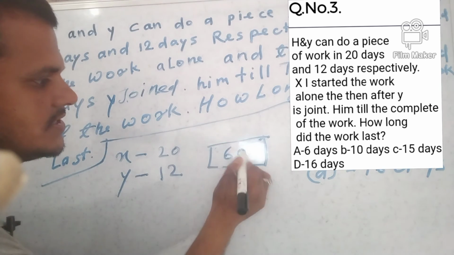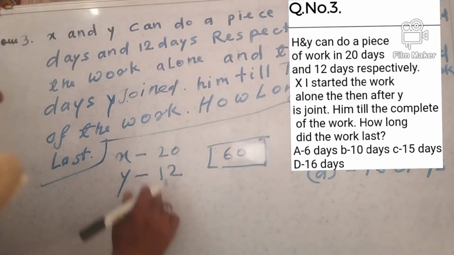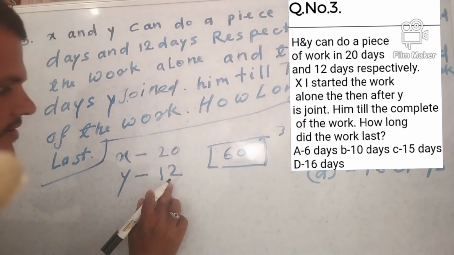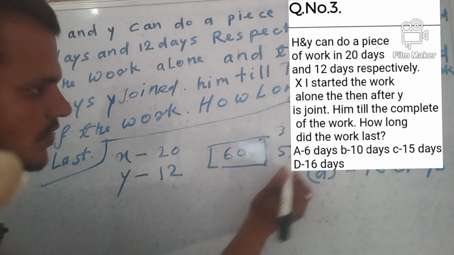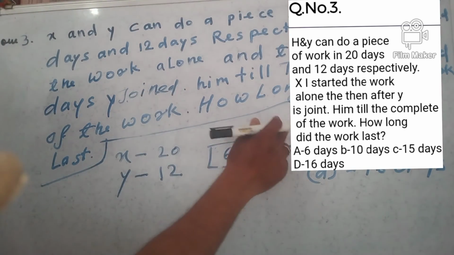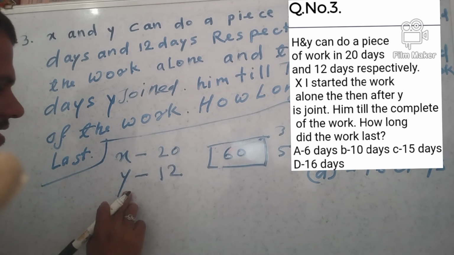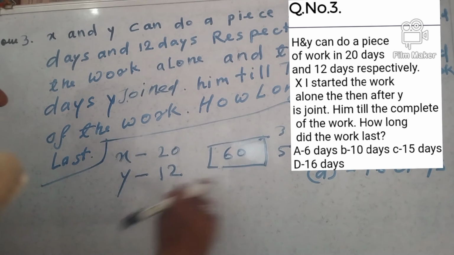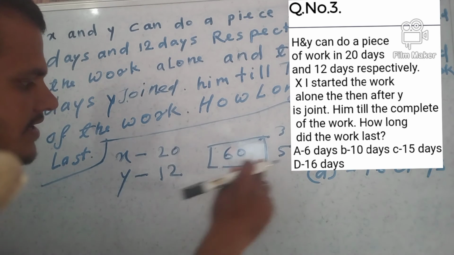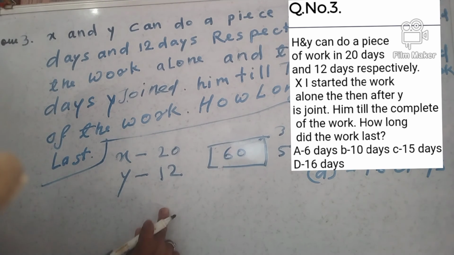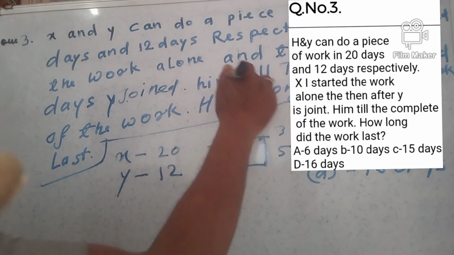I think 60 is correct, because 20 times 3 is 60 and 12 times 5 is 60. X does 3 work in a single day and completes in 20 days. Similarly Y does 5 work in a single day and completes 60 work in 12 days. Okay, so read the question again.